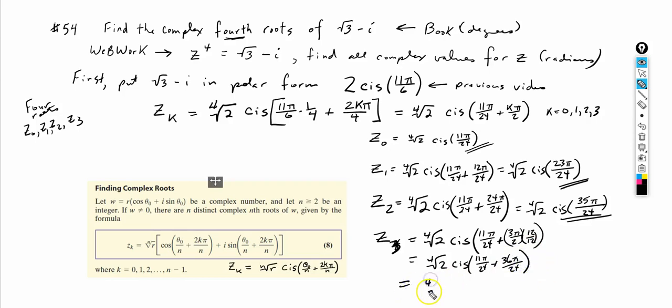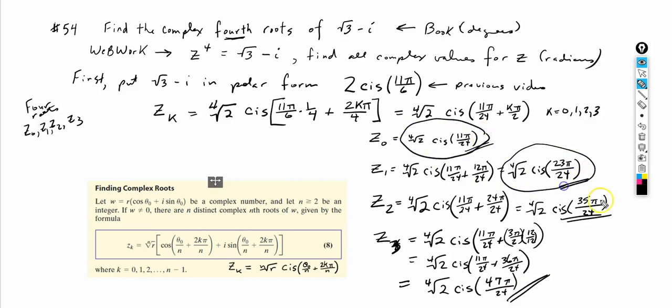And so I'm going to have the fourth root of 2 times cis of 47 pi over 24. And that is my fourth root. So we have my first one, my second one, my third root, and our fourth root. And that completes this video.